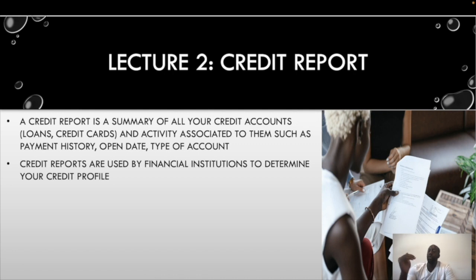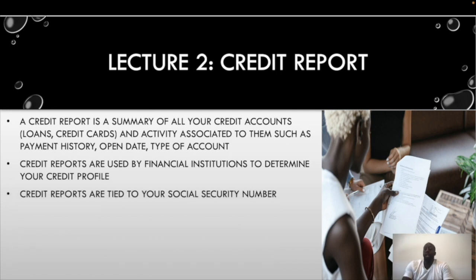And so if your credit report shows a bunch of different credit cards and loans and different things with high balances, the bank is going to say borrowing money or lending money to this person might be risky because they already have 25 credit cards and 15 different loans. And so credit reports quickly tell banks and lenders a little bit about your credit history and the likelihood that they can lend money to you.